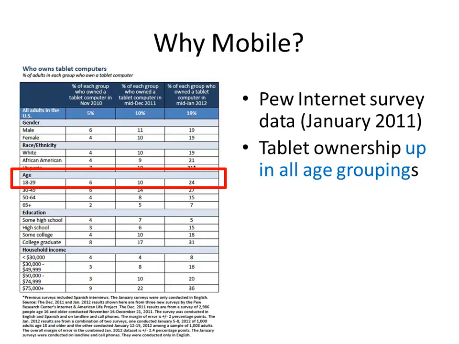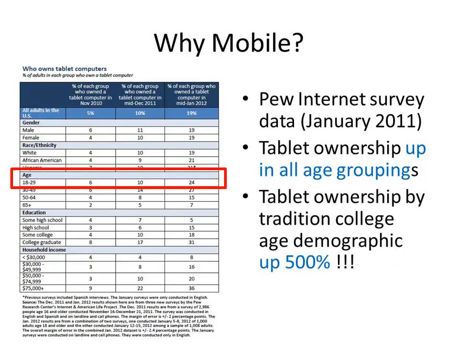This is tablet ownership for all age groups. If you look at our particular demographic here, 24% of those who are college age now own a tablet. It's up 500% in 4 months.